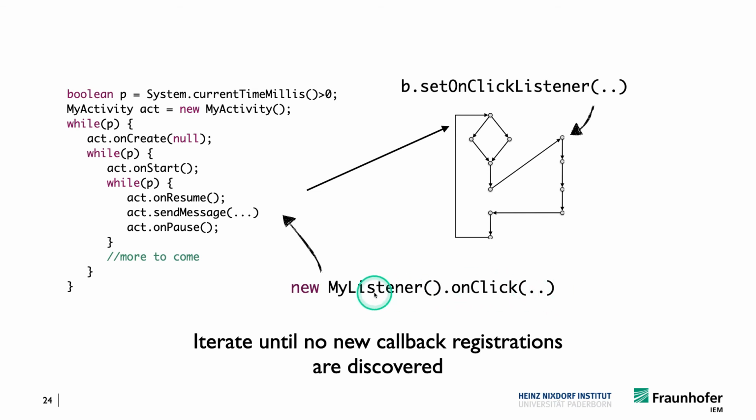And then we iterate this, and we need to iterate this because this listener that is registered here, this onClick method, that might of course itself register other event listeners. And so that's why we need to iterate this until we reach a fixed point, right? So in every single iteration, the call graph will be augmented further and further.